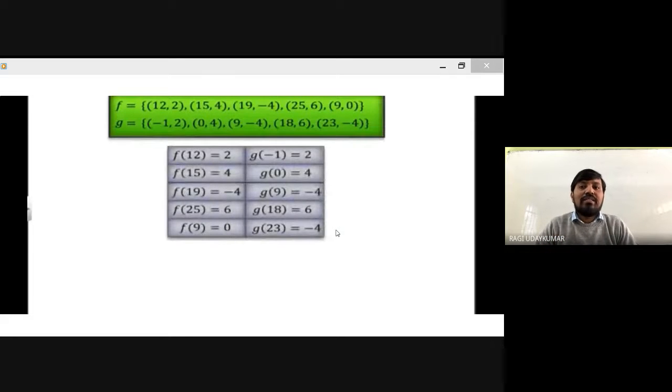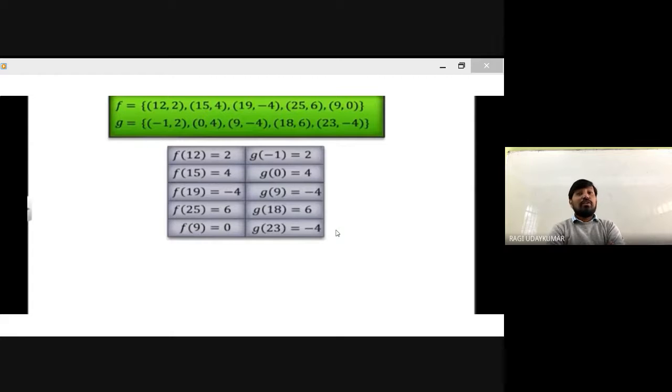So whenever you consider a function, if it is given to you like this, actually before going to that you need to know what is meant by a function. What is the definition of a function? A function is actually a relation. A relation is called a function if every element of the domain has a unique image.